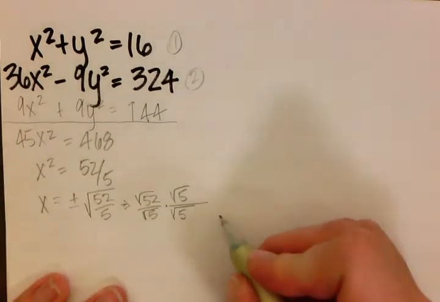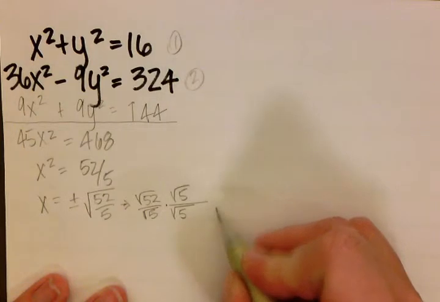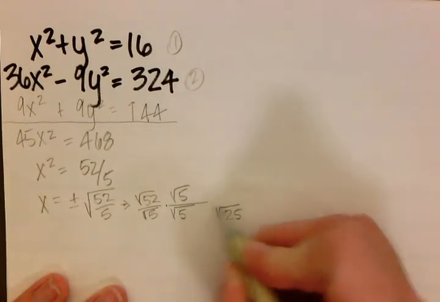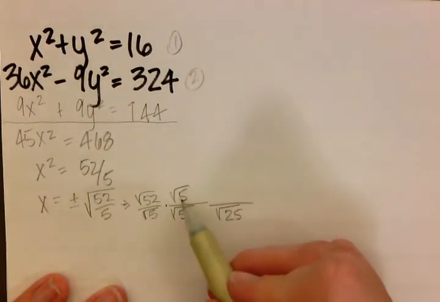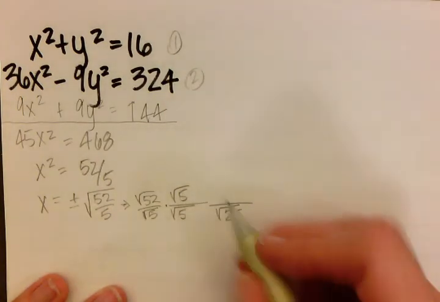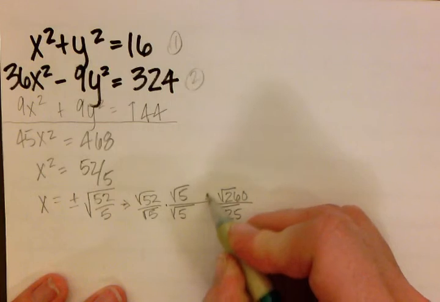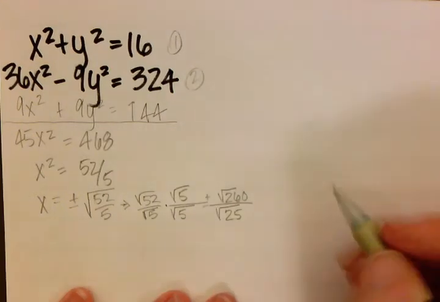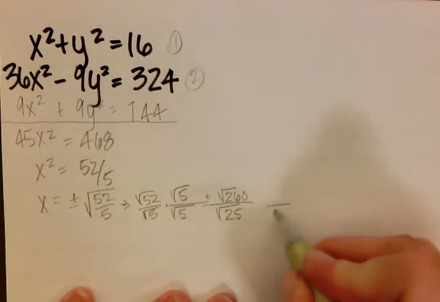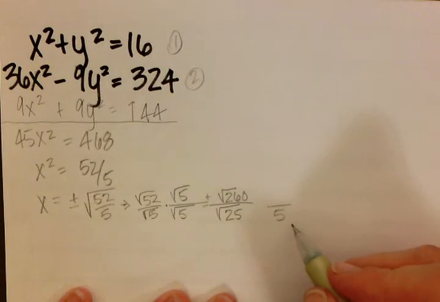Now the square root of 5 times the square root of 5 is the square root of 25, and the square root of 52 times the square root of 5 is the square root of 260. These are, of course, still plus or minus here. Now the square root of 25 is 5, so we did what we wanted to do. We got the square root out of the denominator.